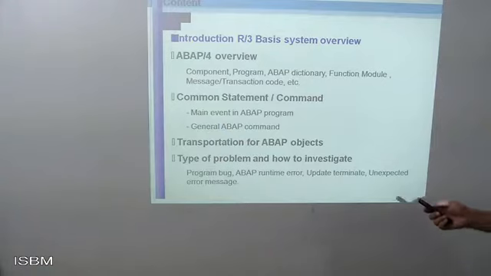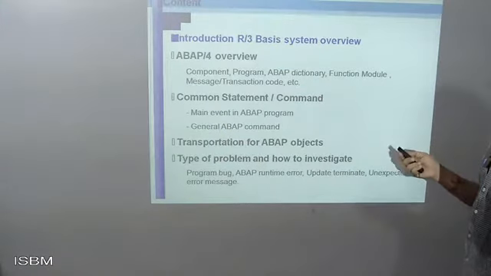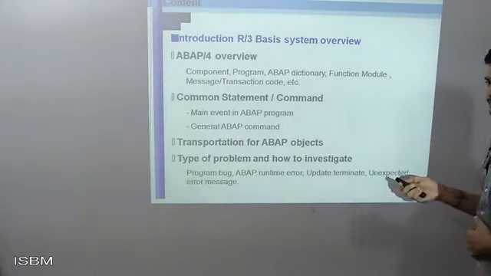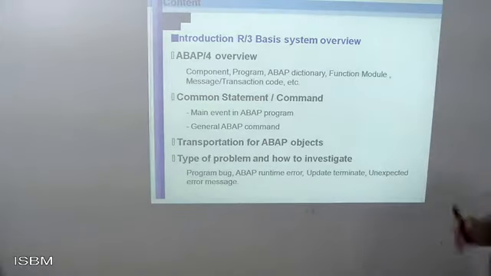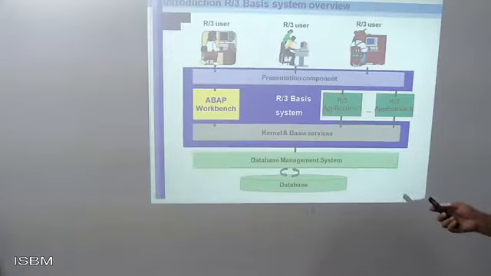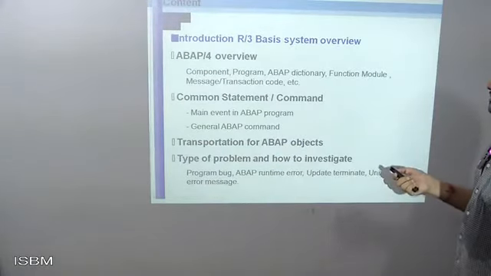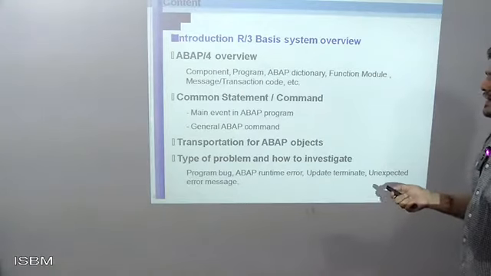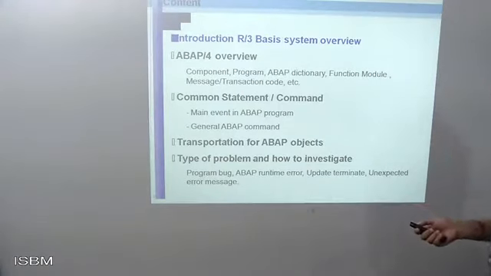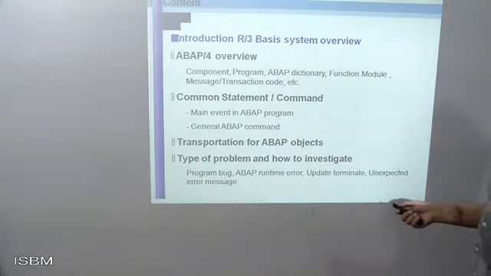Then the introduction: the R/3 basis system overview. The basis system is nothing but your hardware side, your administrative side. Then the ABAP overview: components, program, ABAP dictionary, function module, message, transaction codes, etc. We are going to see the common statements and commands that we use in an ABAP program.